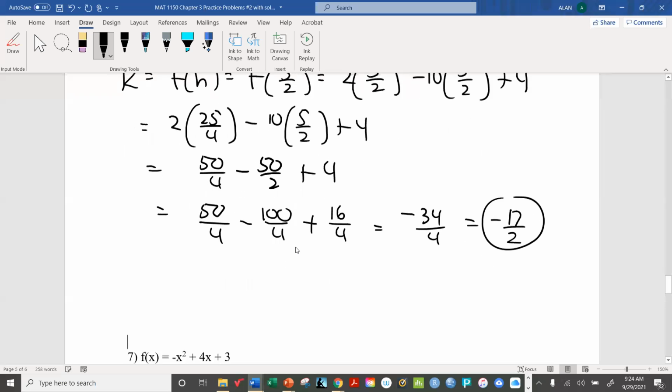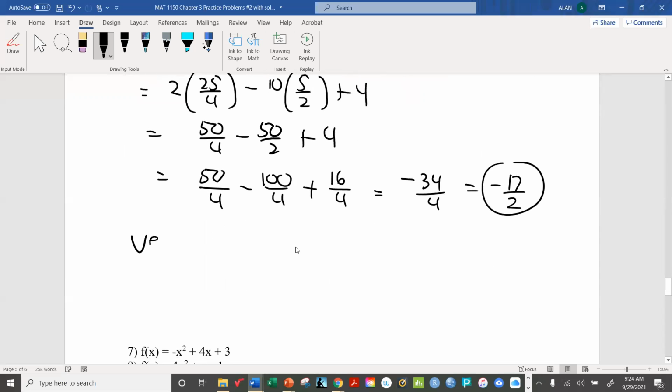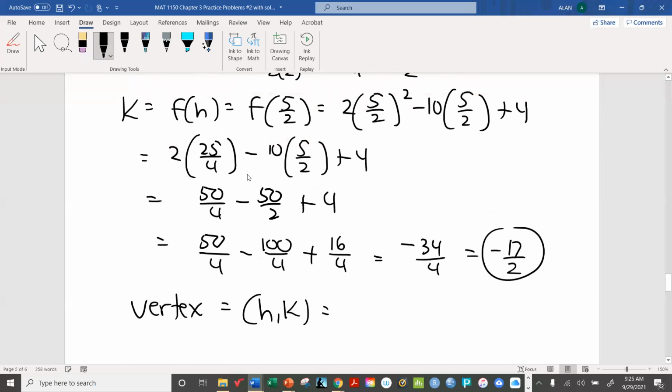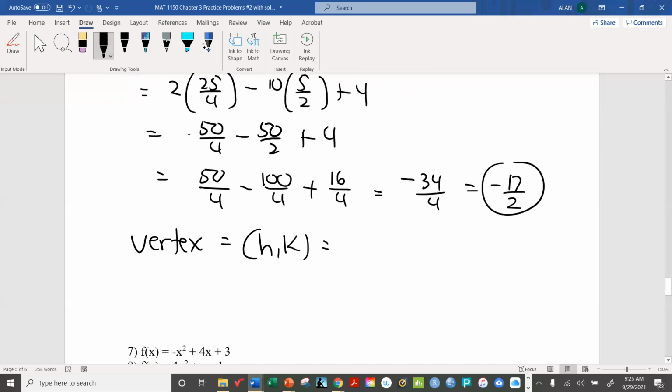So the vertex is 5/2, comma, minus 17/2.